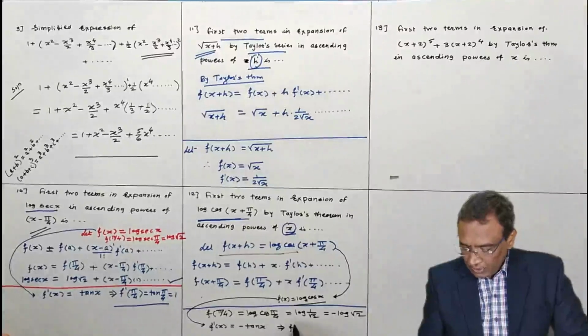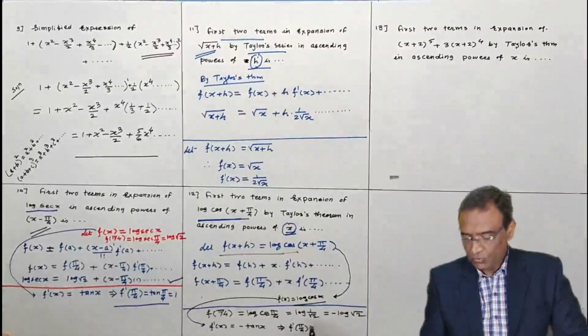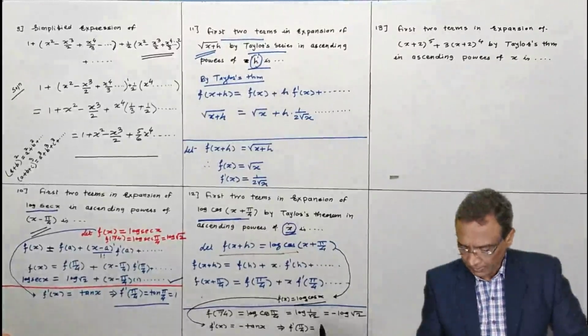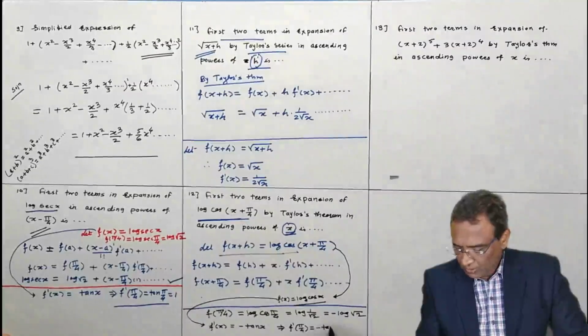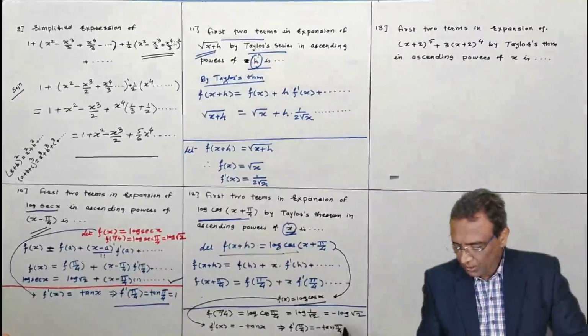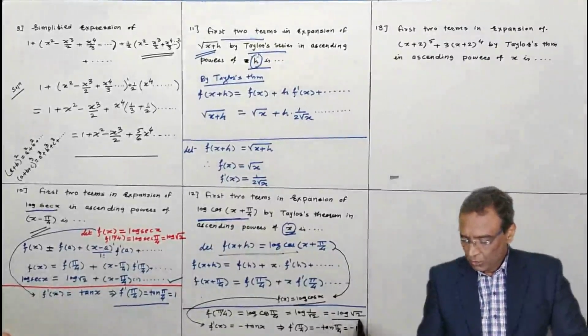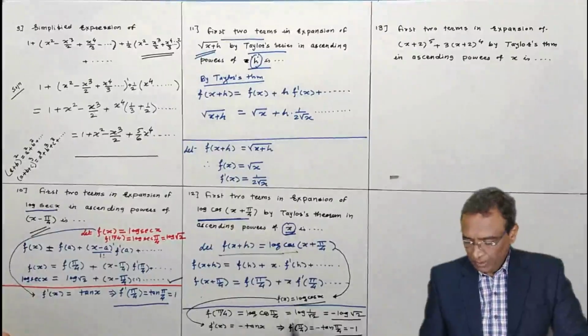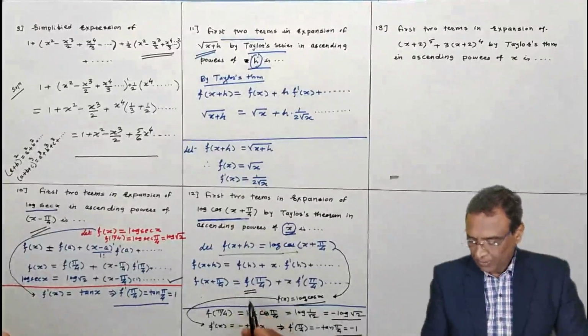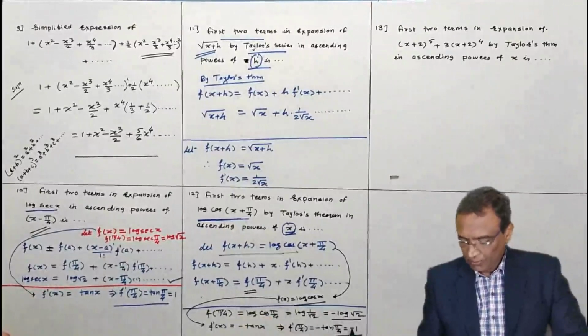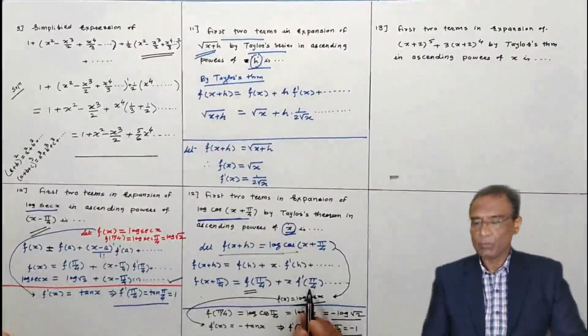Put x equal to pi by 4, because we are interested in f dash pi by 4. Tan pi by 4 is 1, so minus of 1. So these two values, f of pi by 4 value you can put here, f dash of pi by 4 value you can put here. That will be your Taylor series.